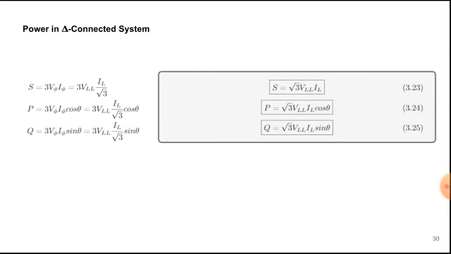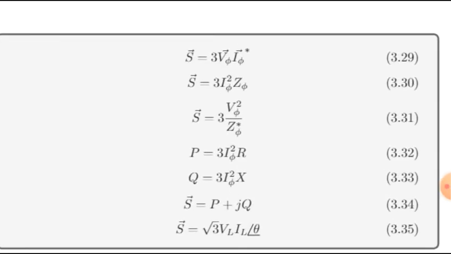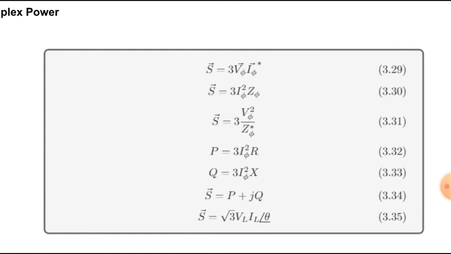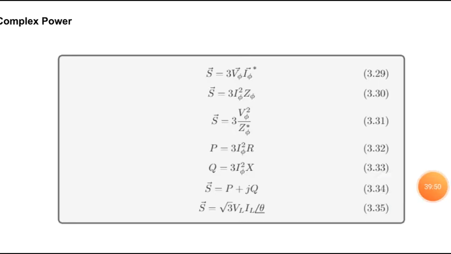Later on, we'll also be talking about complex power. I discussed this before in chapter 2. If you want to solve for the apparent power as a vector, or as a complex number, you just multiply by 3 because it's three phase, times the power at each phase.